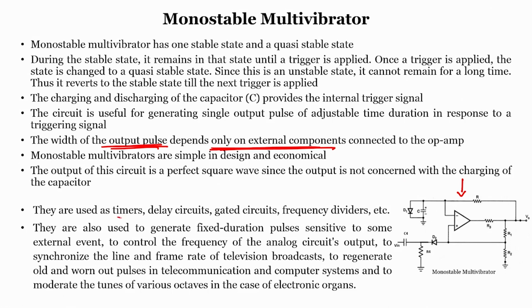It is used as a timer, delay circuit, gate circuit, frequency divider, etc. It is also used to generate a fixed duration pulse sensitive to some external event to control the frequency of an analog circuit's output. It is used to synchronize the line and frame rate of television broadcast, to regenerate old and worn out pulses in telecommunication and computer systems, and to moderate the tune of various octaves in electronic organs.